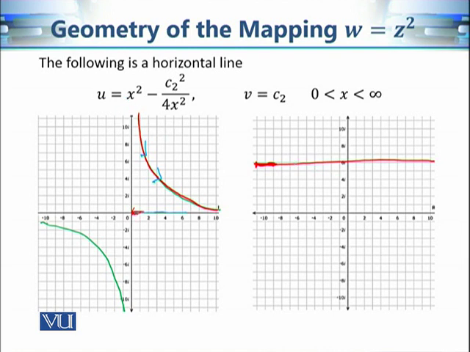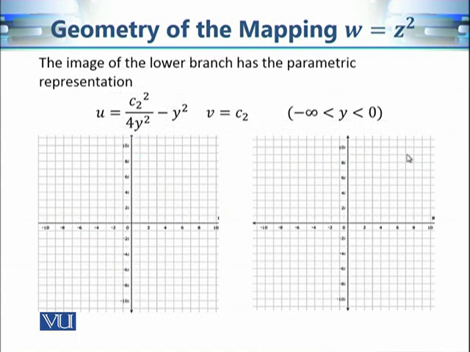So in other words, if we start our travel from this portion, very, very close to 0, so we are traveling from this side, where the x coordinate is very, very close to the origin, then in the w plane, after applying z square, we are traveling in this direction. Okay, and similarly we can calculate the image of the other portion.